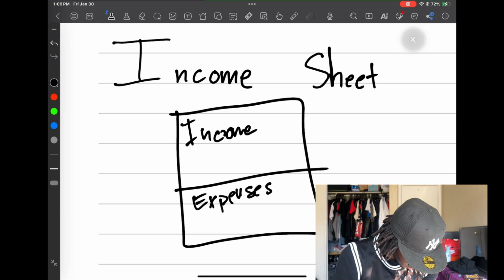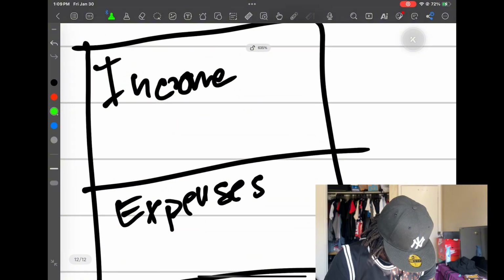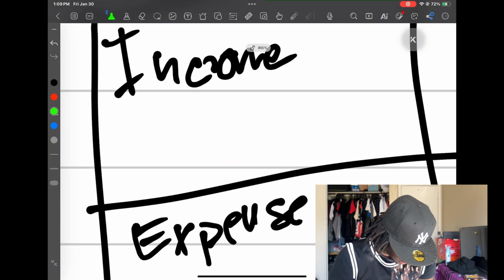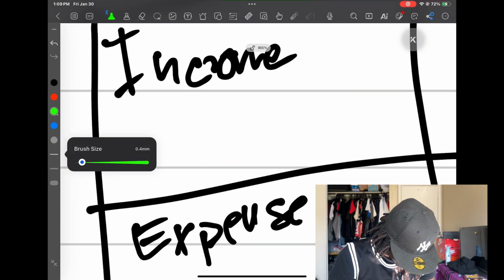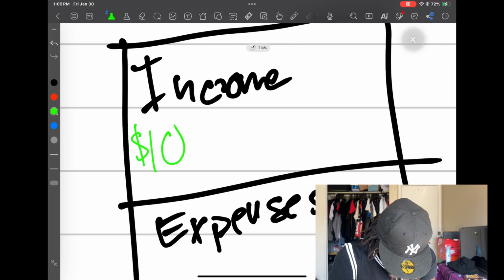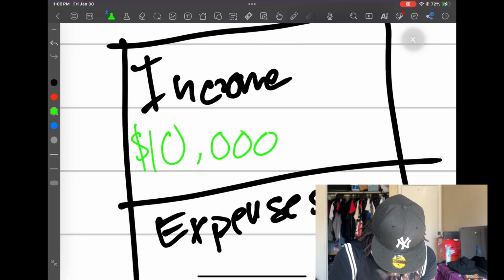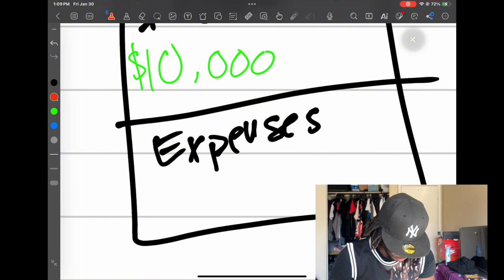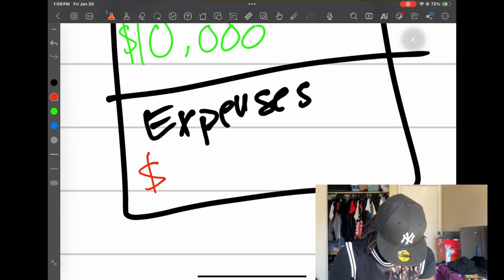So let's say, I'm gonna use green for this example, you got $10,000 coming in, and your expenses are $5,000.